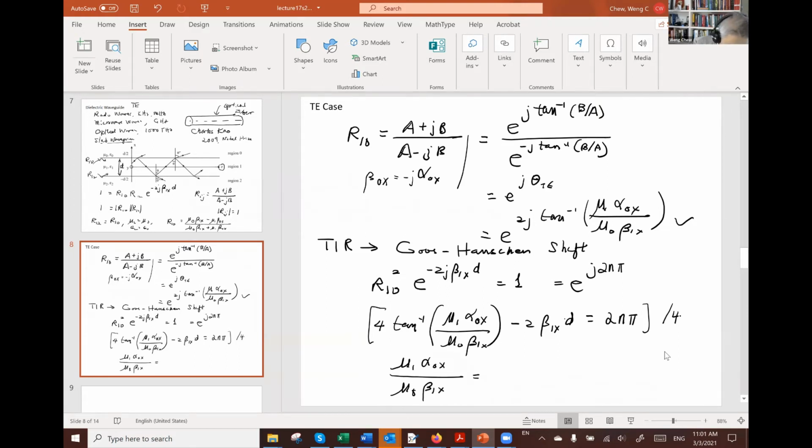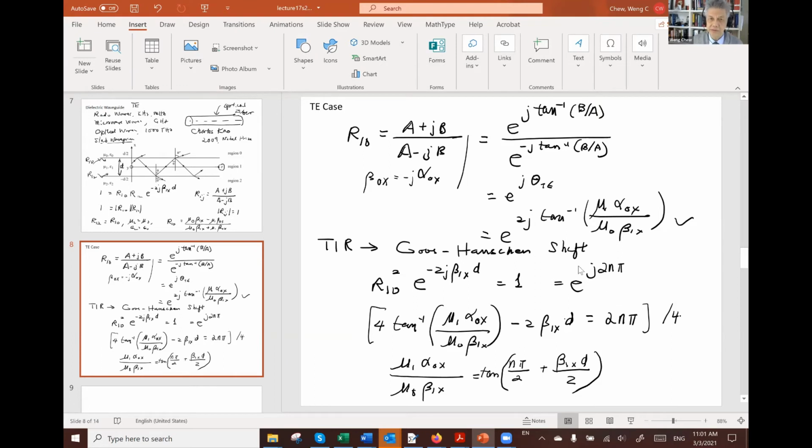Okay, and then on the other side, you have something divided by 4, so it will become n pi over 2 plus, because it is divided by 4, you take this to the other side, it becomes beta 1x d over 2. Okay, and then because you take the arctangent from the left-hand side to the right-hand side, you have this equation over here. Can everybody follow the derivation that arrives at the bottommost equation?